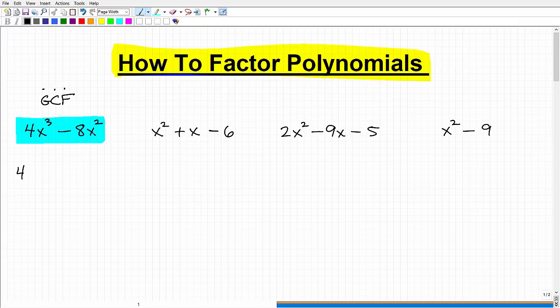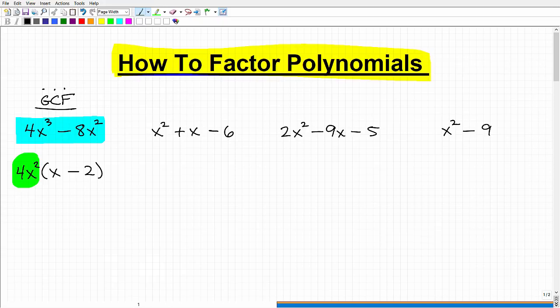This is x cubed, this is x squared, but they only share an x squared in common. So you would factor out an x squared like so, and that would leave you with an x right here minus 2. Now if you weren't sure if this was the correct answer, you can multiply these together and you can see you'd get back to this answer. So this right here, 4x squared, is the greatest common factor.